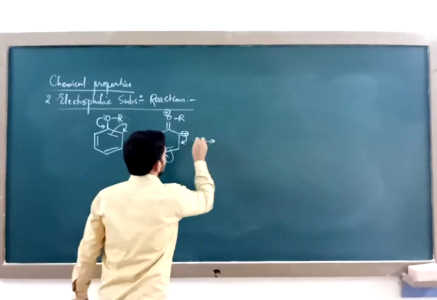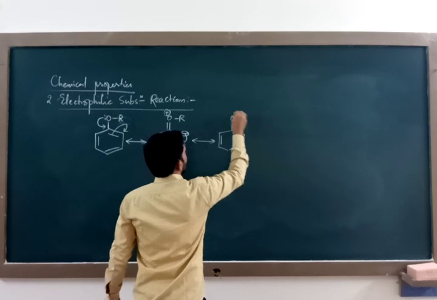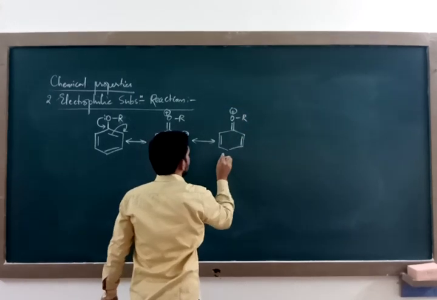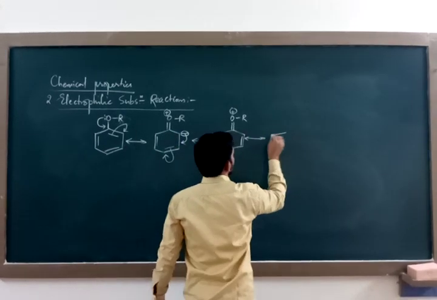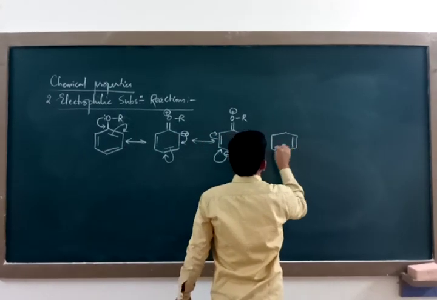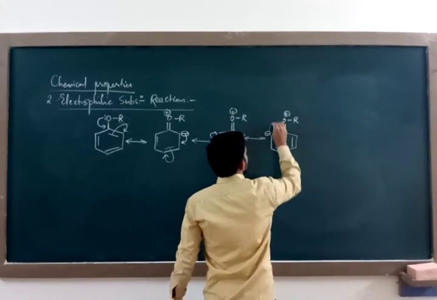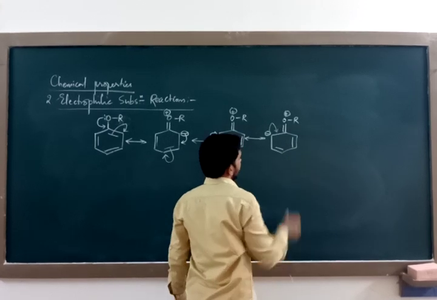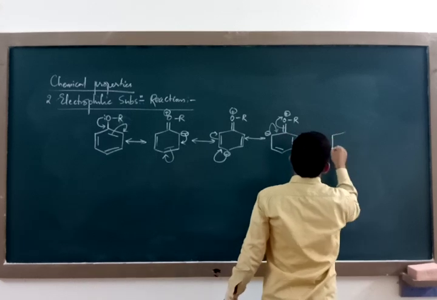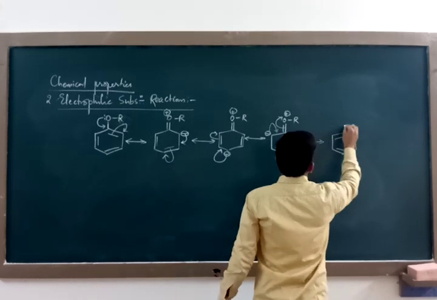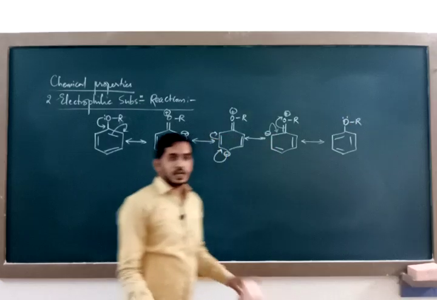So the next structure we have here, double bond OR plus, here bond, here minus charge. The minus charge again travels, therefore minus charge here, OR plus charge, this appears here, and the same double bonded character shifts finally to give you the last resonance structure, that is OR. You again got the same product.